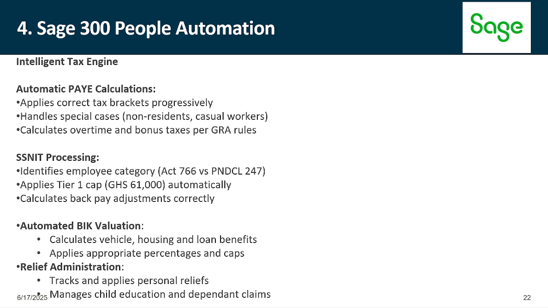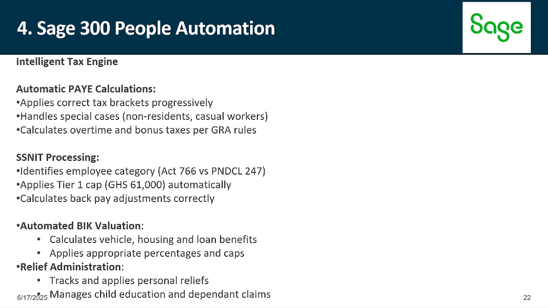It applies the correct tax bracket progressively. It handles special cases, non-resident, casual workers, all those things. The system calculates those automatically for you. Overtime and bonus tax, all those things, per GRA rules, the system calculates for you. SSNIT processing: it identifies employee category. Are you a normal employee or are you still under PNDCL?